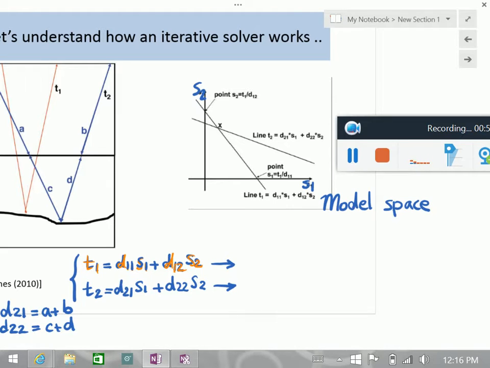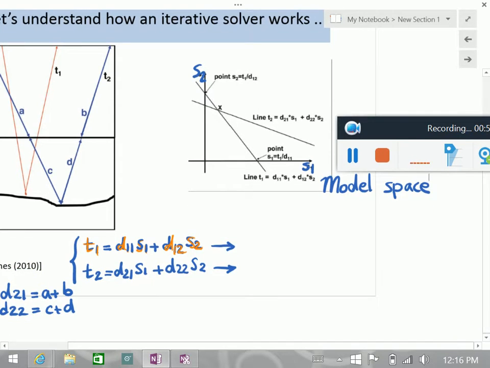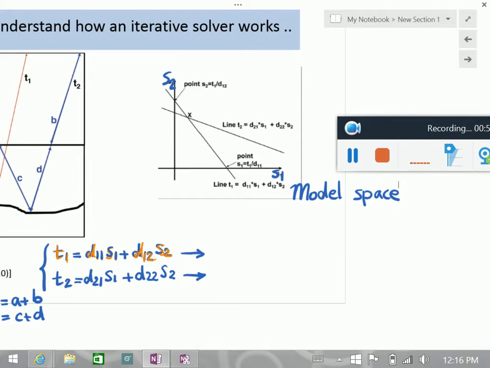So from these two equations, T1 as a function of S1 and S2 and T2 as a function of S1 and S2, this translates into 2 lines, S1 and S2 in terms of T1 and T2, right? So these are like that.